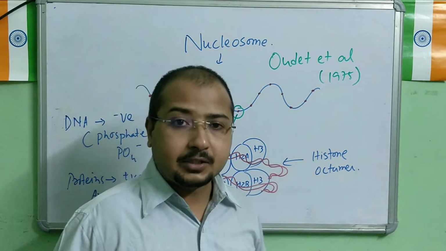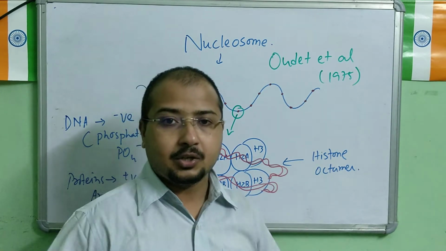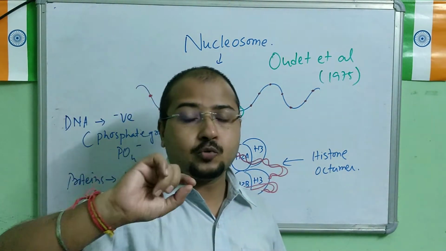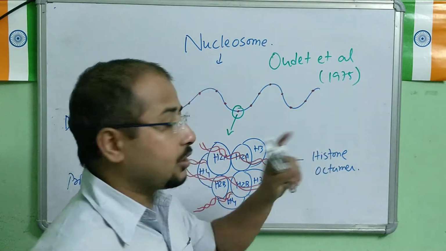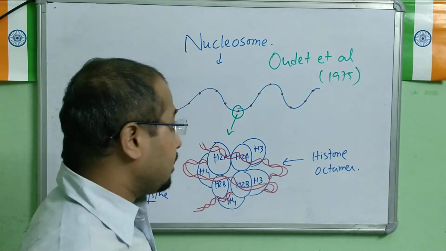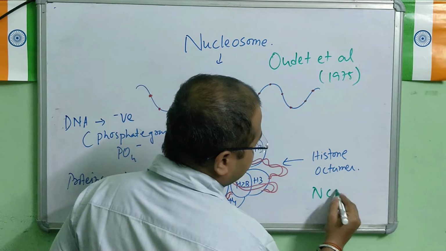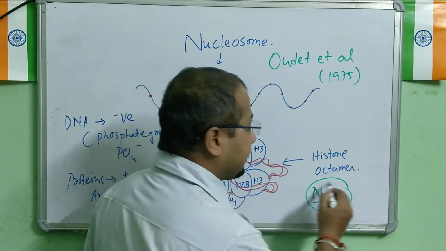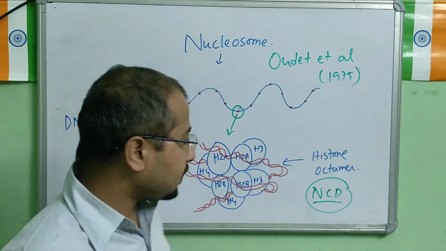The chromatin fibers need some additional proteins for better condensation, and those proteins are known as non-histone chromosomal proteins. So apart from the histone proteins, in the chromatin fibers we also see non-histone chromosomal proteins, NHCP. They help in condensation.